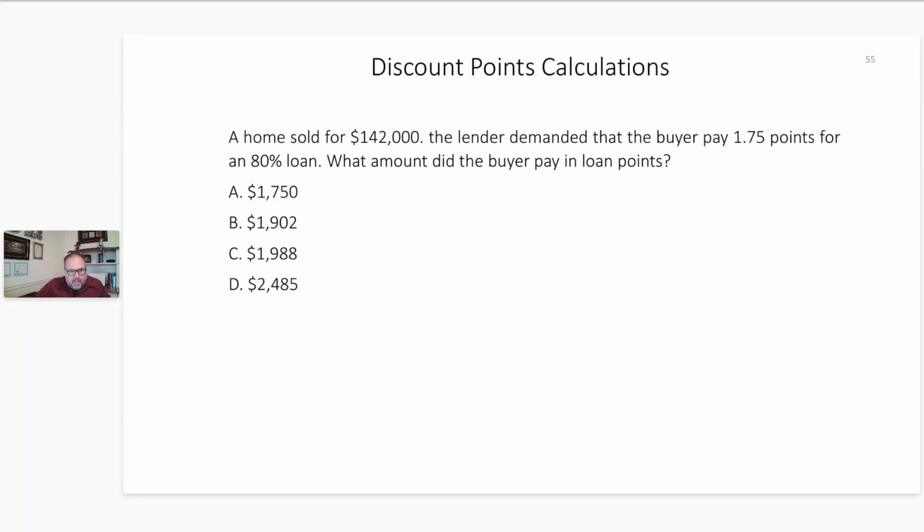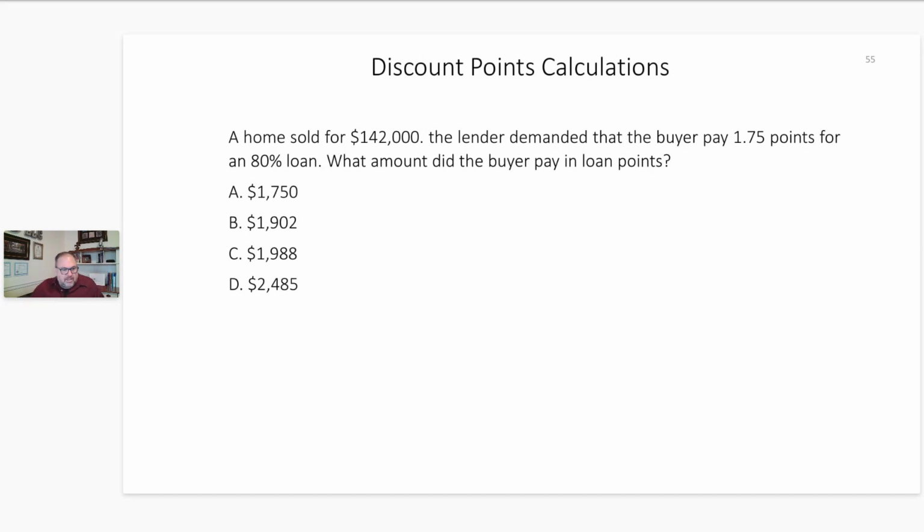We multiply it by 80% of 142 because that's the loan amount. So if I take 142,000 times 80%, I get 113,600. That's the amount I'm borrowing, the amount the 1.75 points applies to. So that's going to be times 0.0175, and I get $1,988.